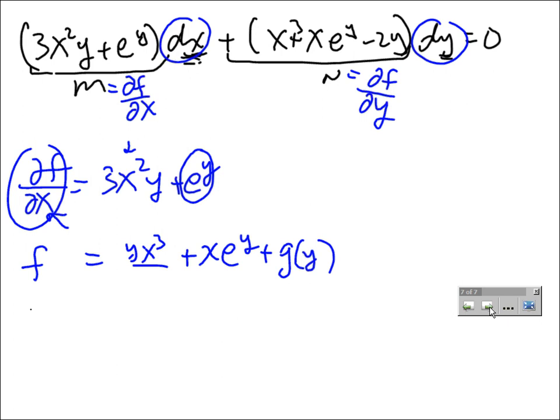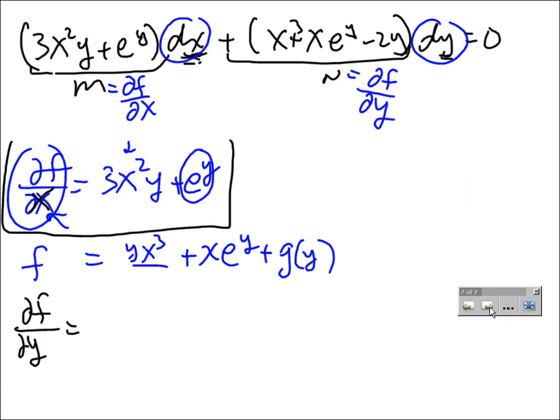Now I take the partial of f. Well, I've already taken it with respect to x. Now I take it with respect to y. I just wrote it down, okay? So now I'm going to take the partial with respect to y. x cubed is a constant.